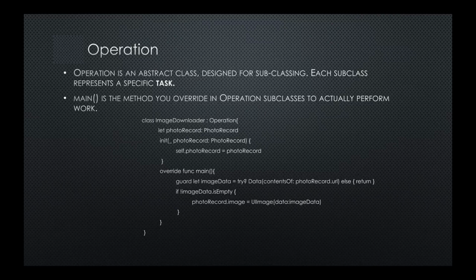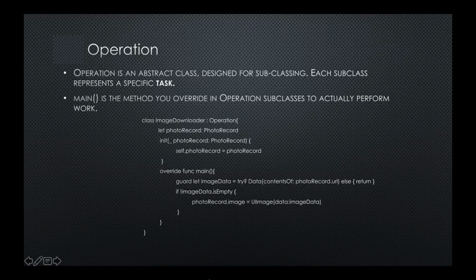Main is the function which is provided in the operation class. So if you are subclassing operation, then you will have to write something in main, and that is what will be executed first, right? So this is where you perform your task. Main is the function where you perform your task.